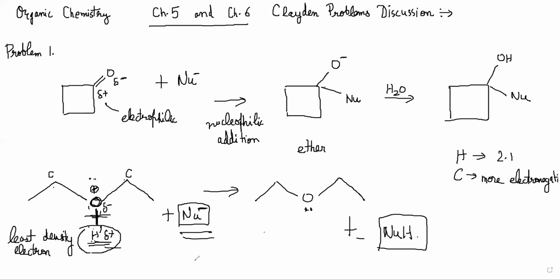Then let's look at the other molecules also. One of them has an oxygen and two carbonyl compounds. It could be either one. This is an ester, RCOOOR, something like that.